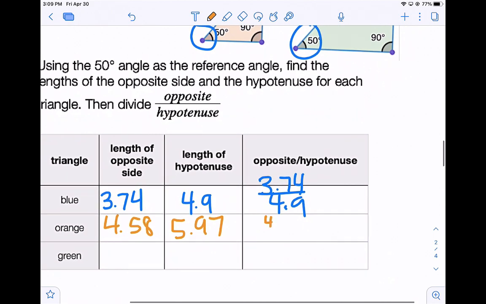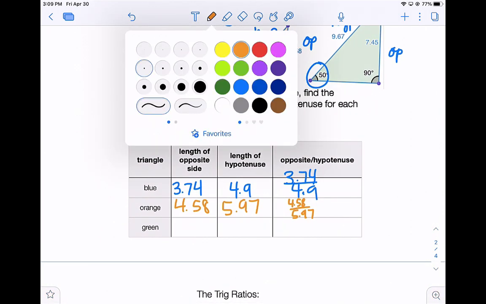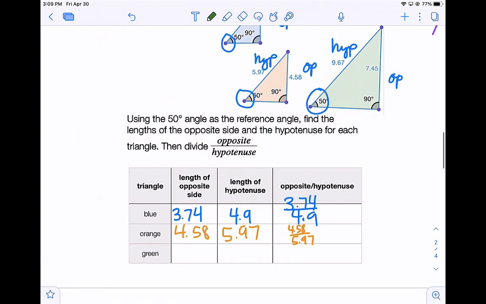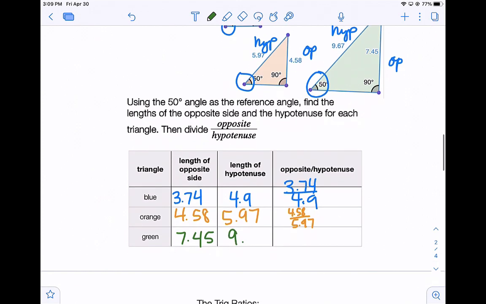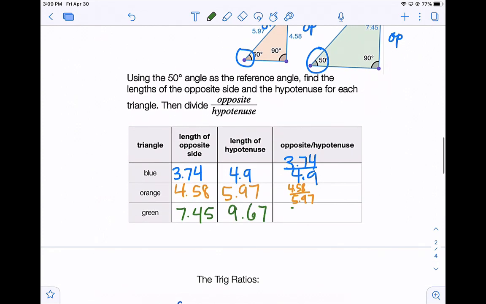Let's divide them, 4.58 divided by 5.97. Now the last ratio. In our green triangle, the opposite side is 7.45 and the hypotenuse is 9.67. Again, we'll take our opposite side divided by our hypotenuse. Let's get those answers.